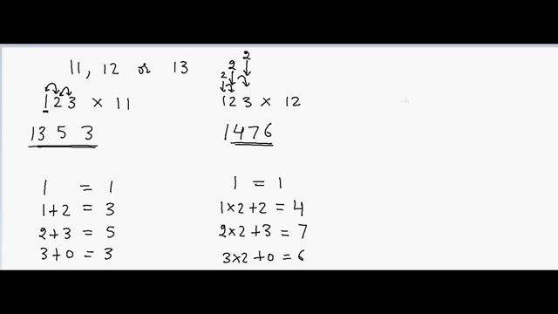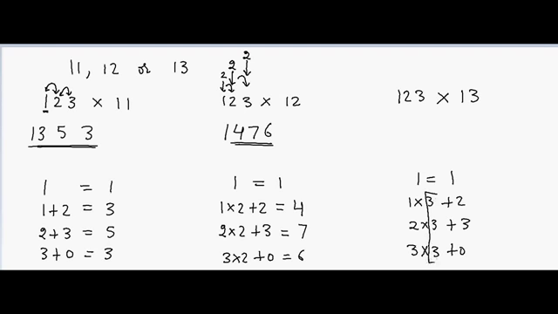So let's go to another example and multiply by 13. If I have 1 2 3 and I want to multiply by 13, in this case I'll do it the same way. The first digit will be equal to the first digit, the second will be 1 into 3 plus 2, the third will be 2 into 3 plus 3, and then we have 3 into 3 plus 0. If you look here, I multiplied all the numbers by 3.